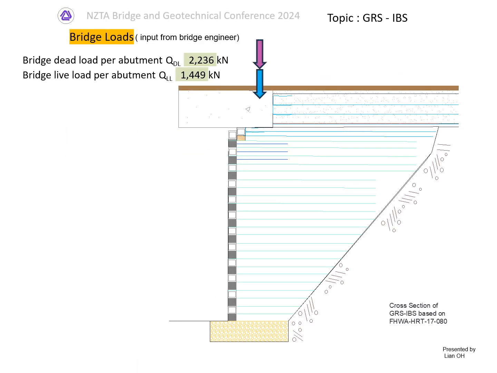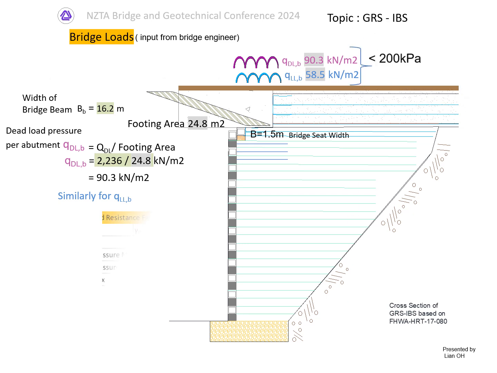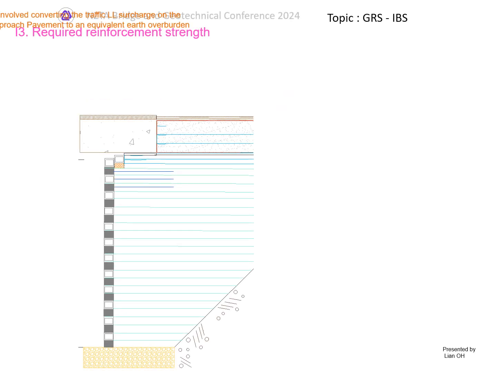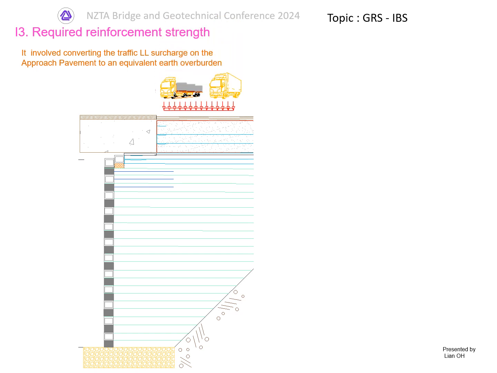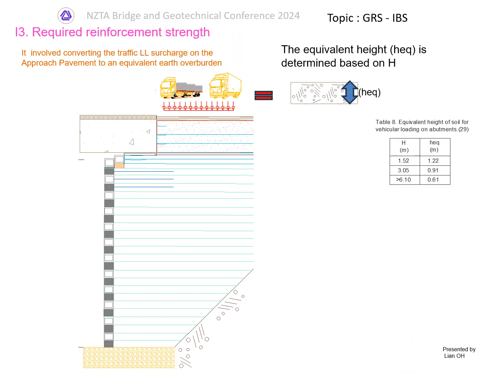The bridge load allows the footing and bridge seat dimensions to be calculated, and the service bearing pressure shall be less than 200 kPa. The following are the load and resistance factors to be used for subsequent calculations. The design of the required reinforcement strength involves converting the traffic surcharge on the approach pavement to an equivalent earth overburden.